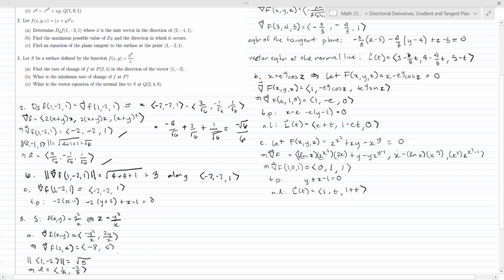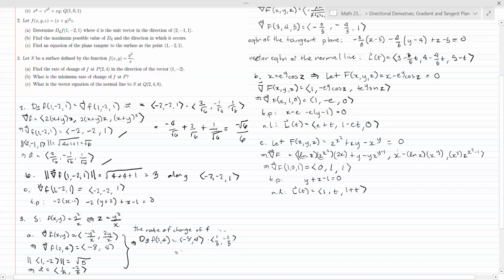So therefore, using these two results and the directional derivative, the rate of change of f at (2, 4) in the direction is given by this directional derivative, the dot product we got: (negative 8, 4) dot (1/√5, negative 2/√5).